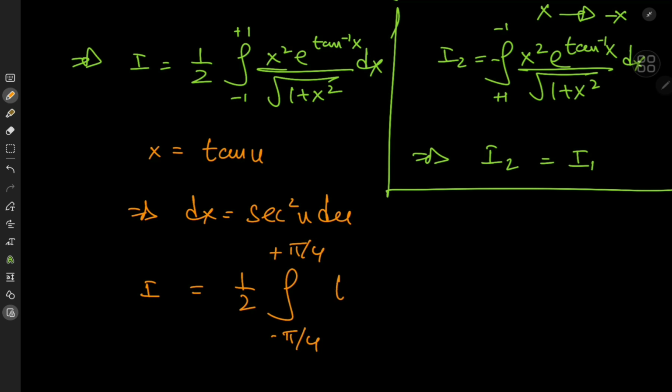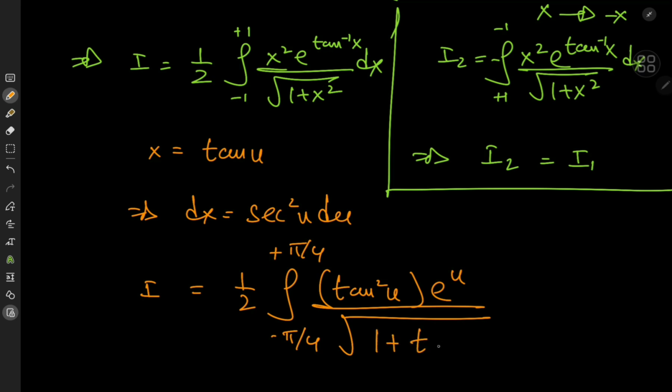x squared turns into tangent squared u, and we have e to the inverse tangent of x. So if x equals tangent u, then that means inverse tangent x is just u. We're dividing the whole thing by 1 plus tangent squared u, which we recognize as the secant squared function, and the square root of that would be just the secant of u.